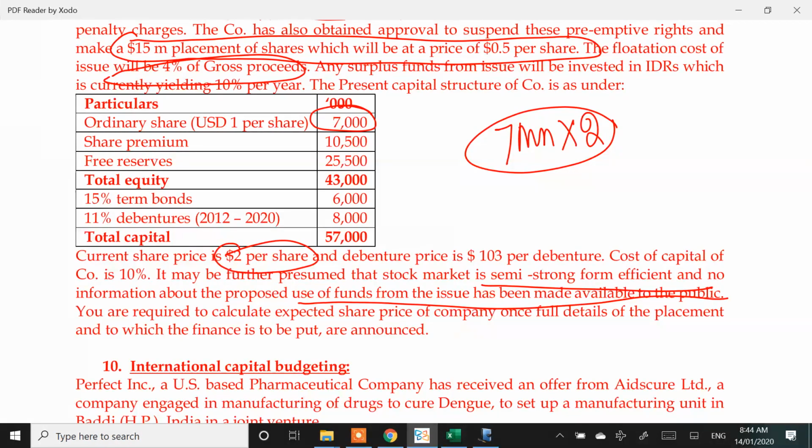Weak form is no major understanding of publicly available information. Semi-strong is somewhere in between; it is not going to impact my valuation. The basic logic is that semi-strong is a scenario where you have some understanding of the publicly available information and incorporate that in the share price.